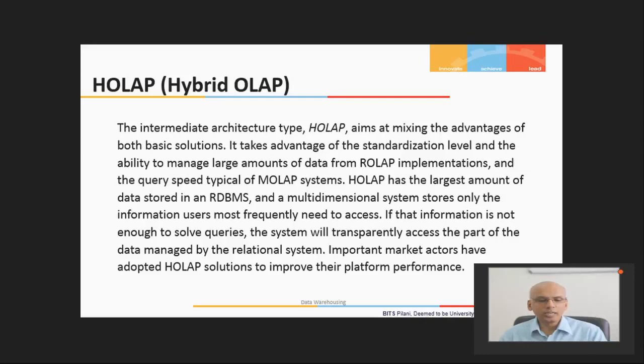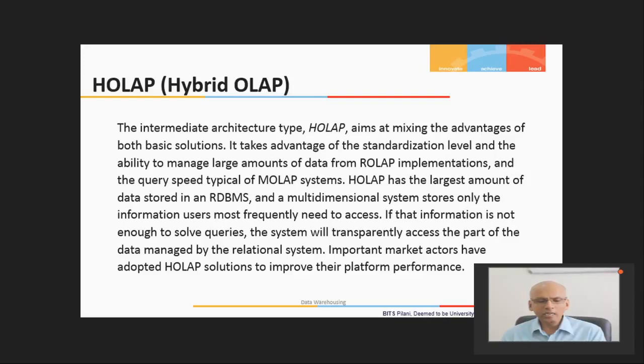So you take some of the summaries, particularly the most commonly used ones, and put them into the MOLAP or multidimensional structure. If the information you want is not available within the multidimensional structure, HOLAP transparently goes to the backend relational structure, which can store the entire information, and accesses it from there.